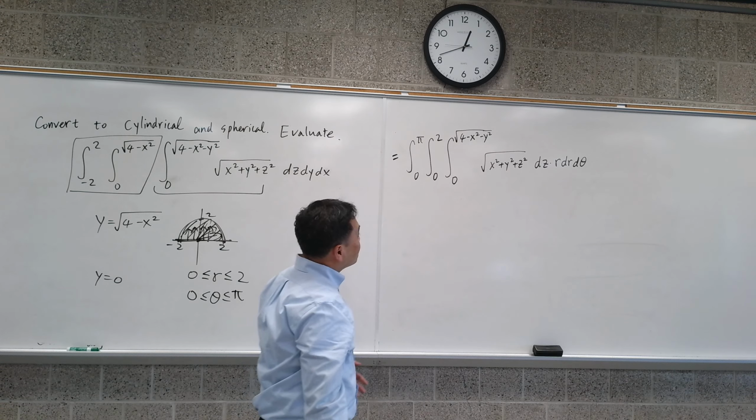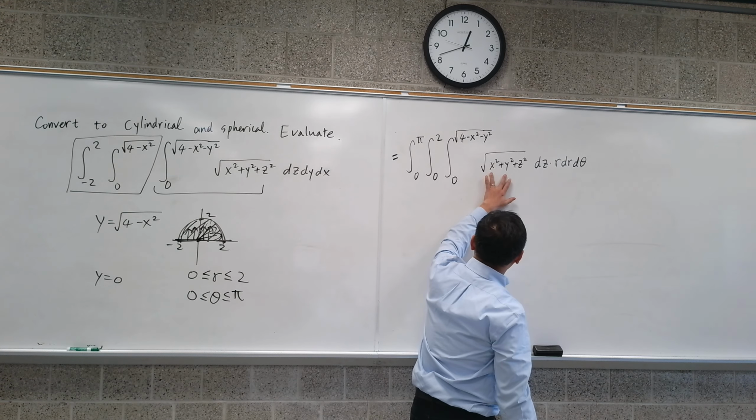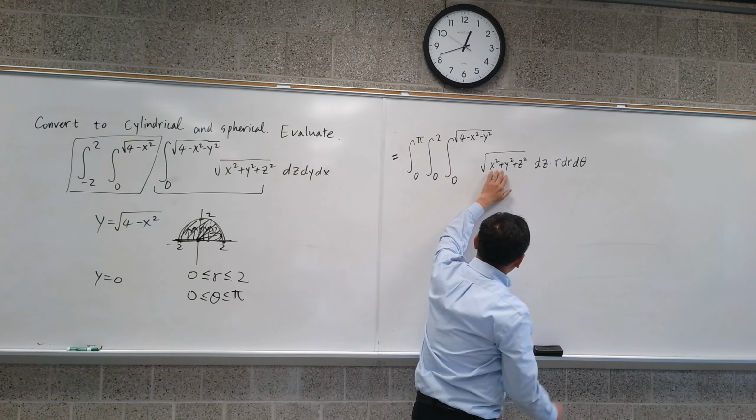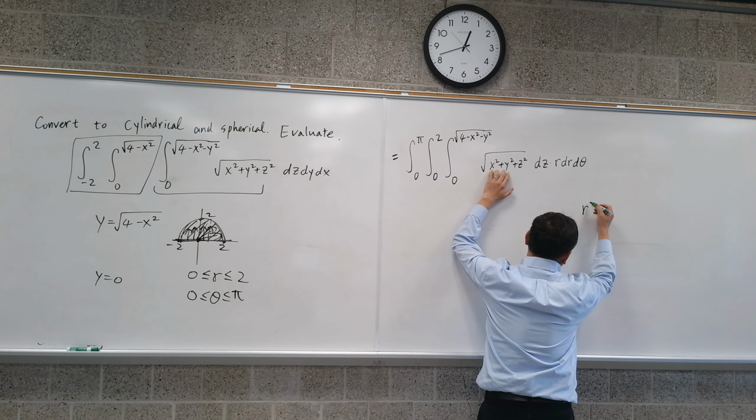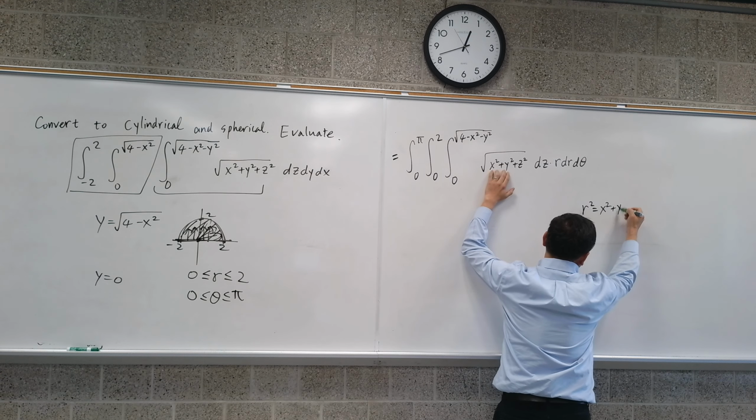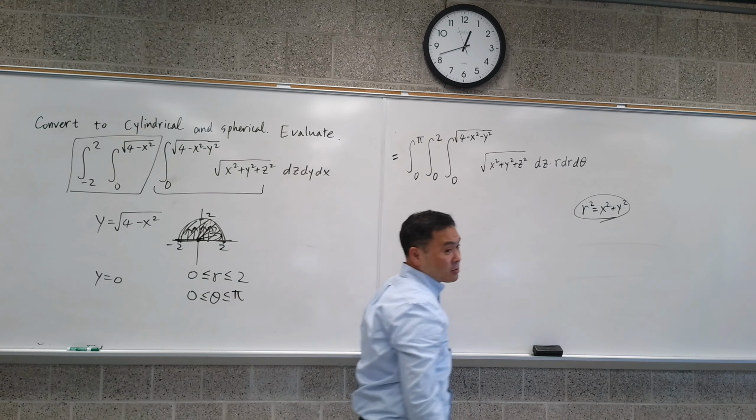But then once you have r and theta, you're not supposed to have x and y, so these need to change. And that's not so bad. In this case, r squared is x squared plus y squared. Very important fact.